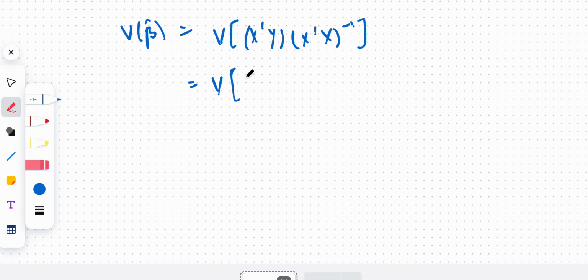Figured it out. So the variance of beta cap would be the variance of (x transpose x) inverse x transpose y. Now what will happen here is I have this, then this will become this, and then this will become this.